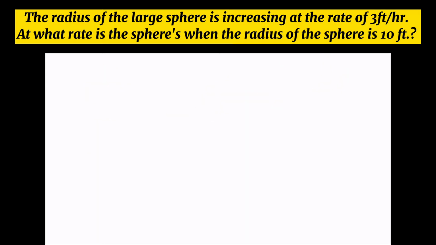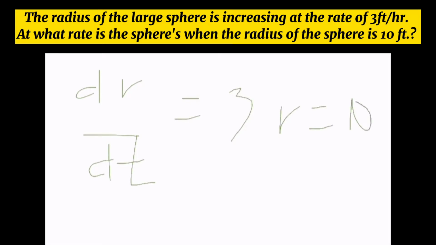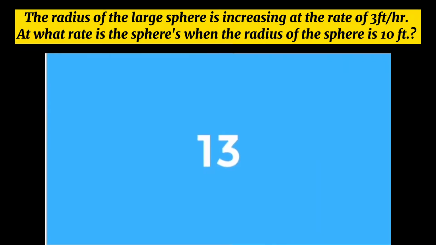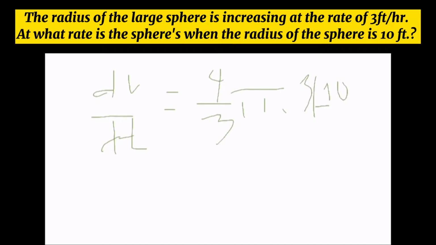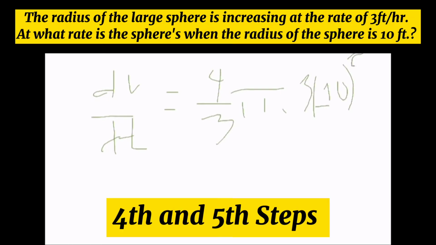So let dr over dt equal 3 and r equal 10. dv over dt is equal to 4/3 pi times 3 times 10 squared times 3.